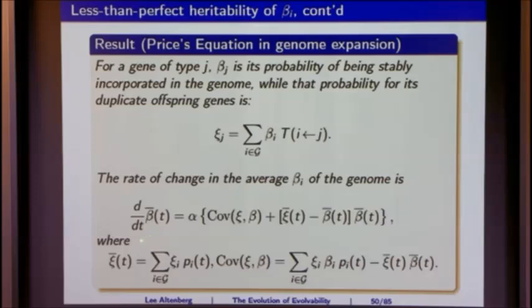So this is a very general relationship for an arbitrary transmission of arbitrary change in these probabilities between a gene and its duplications. So this covariance, if it's positive, produces an increase in evolvability.